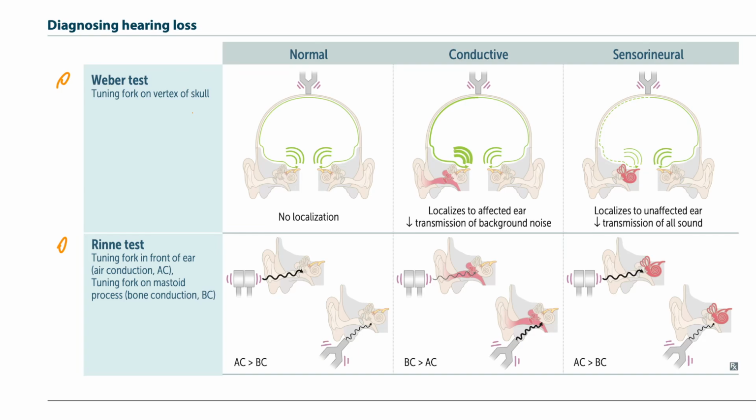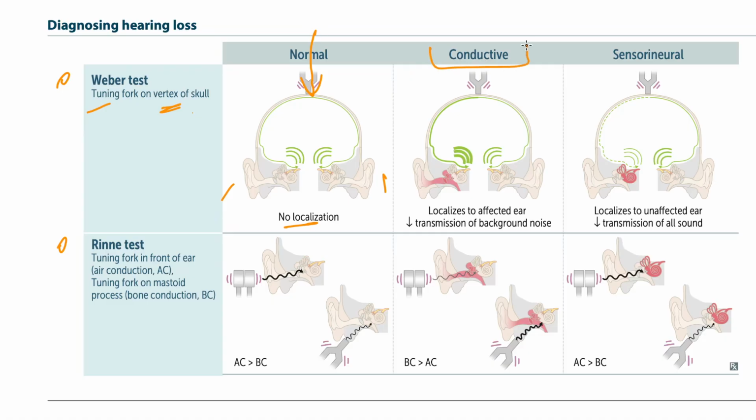How we do Weber is we have a tuning fork. We first stimulate the tuning fork, and then we put it on the vertex of the skull, the mid part of the skull. Normally there is no localization, meaning both ears are going to hear the same thing, and that is normal.